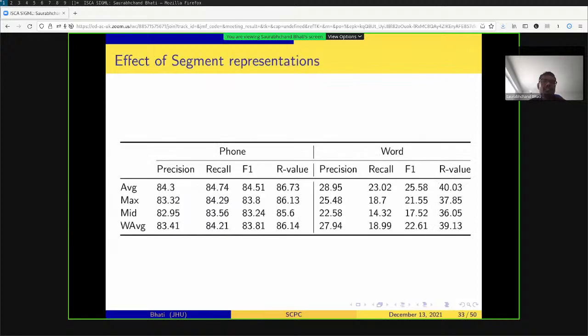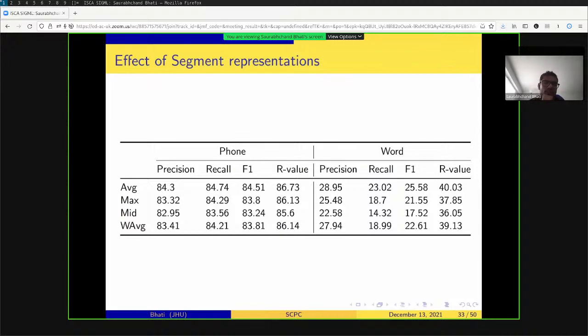This ablation study talks more about how the segment representations affect the final phone segmentation and word segmentation performance. If you remember, we were using average pool as an operation to generate the segment level representations, or to handle the variable number of frames within a segment. So we changed this to different poolings that people use.